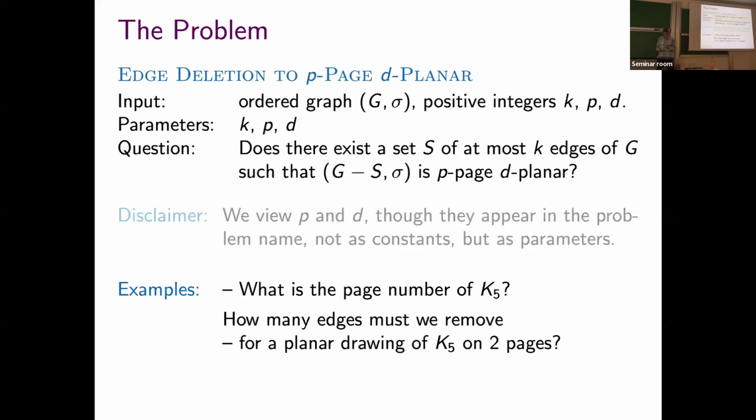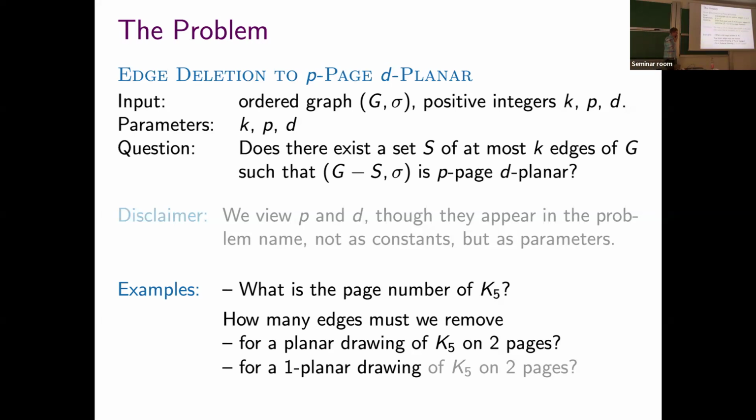Okay, so to continue in this direction, how many edges do we have to remove to get what you assumed? Okay, 1 edge. Of course, 1 edge is enough. But now we change the game again. So now we allow 1 crossing per edge.